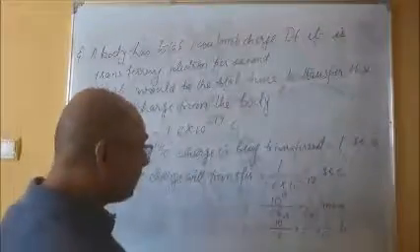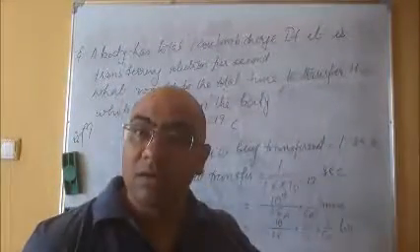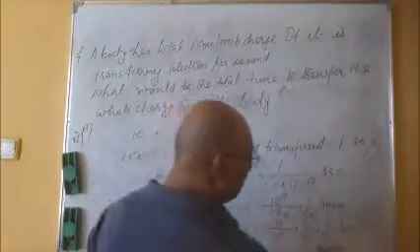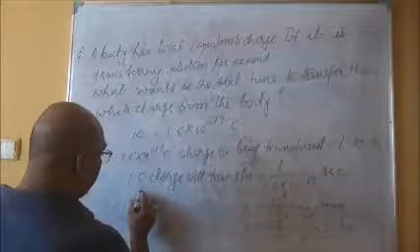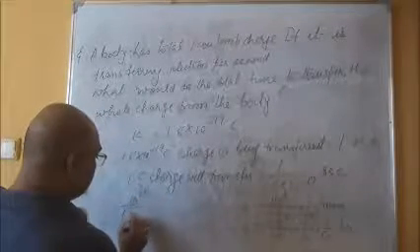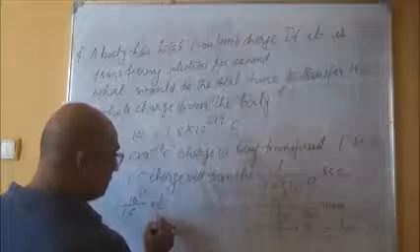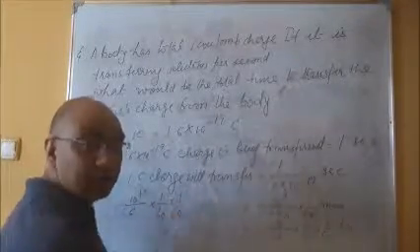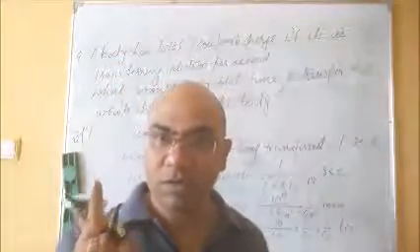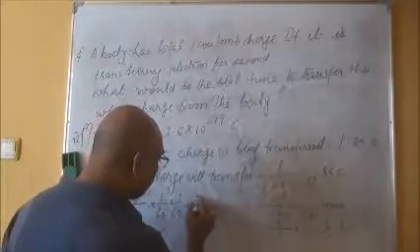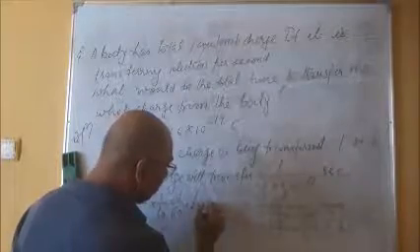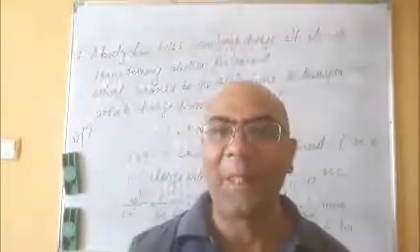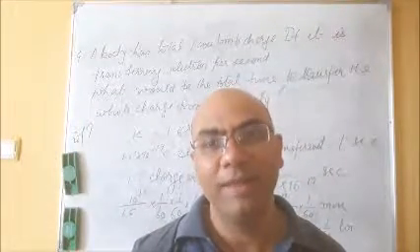And if you want to make it in days, how can you do it? 10 to the power 19 divided by 1.6, 1 upon 60, 1 upon 60. This is in hours. 1 day has 24 hours, so when you divide again by 24, now it will be in days.